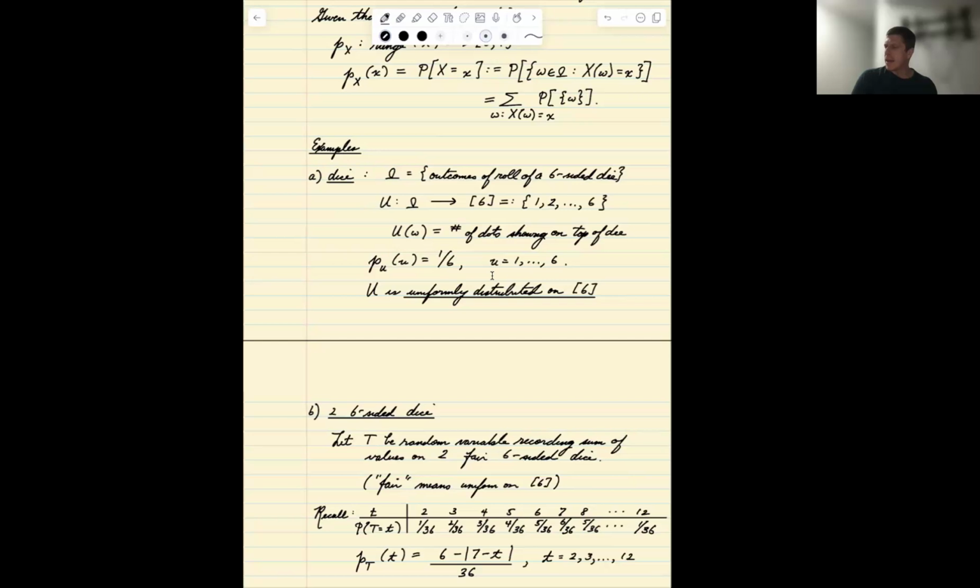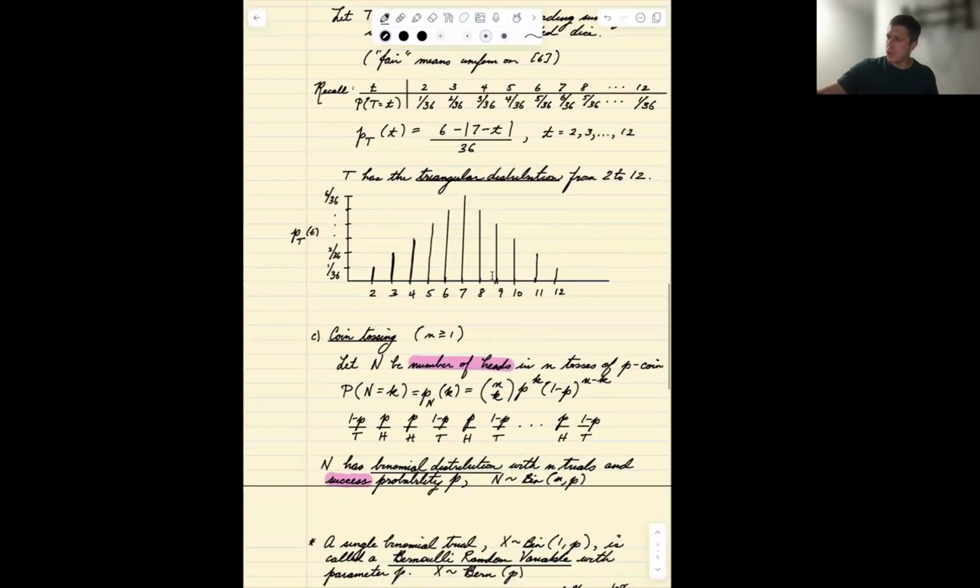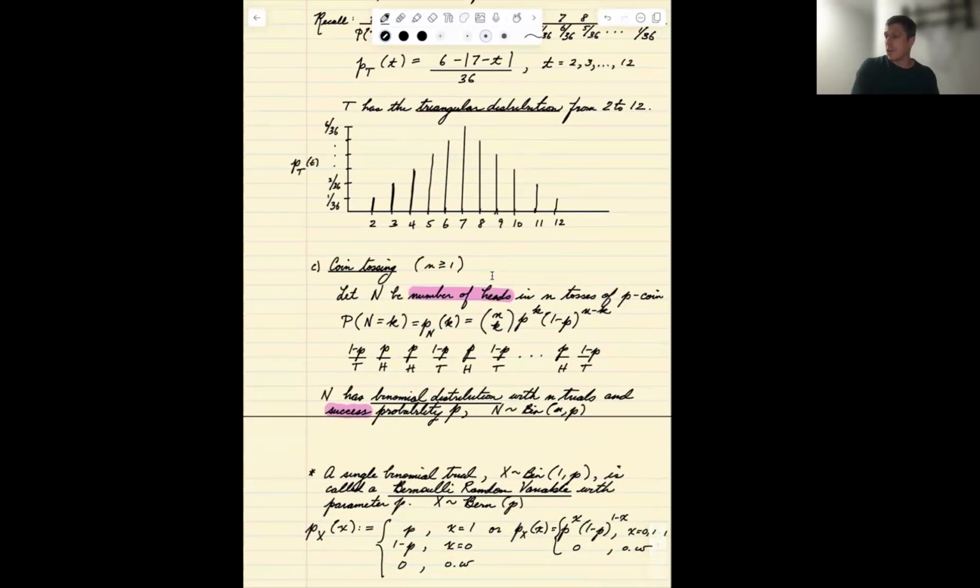Next time, a lot of how we build more complex probability models out of simpler ones is that we take a simple one and attach additional assumptions to it. That's exactly what we did in the Bernoulli and binomial case.